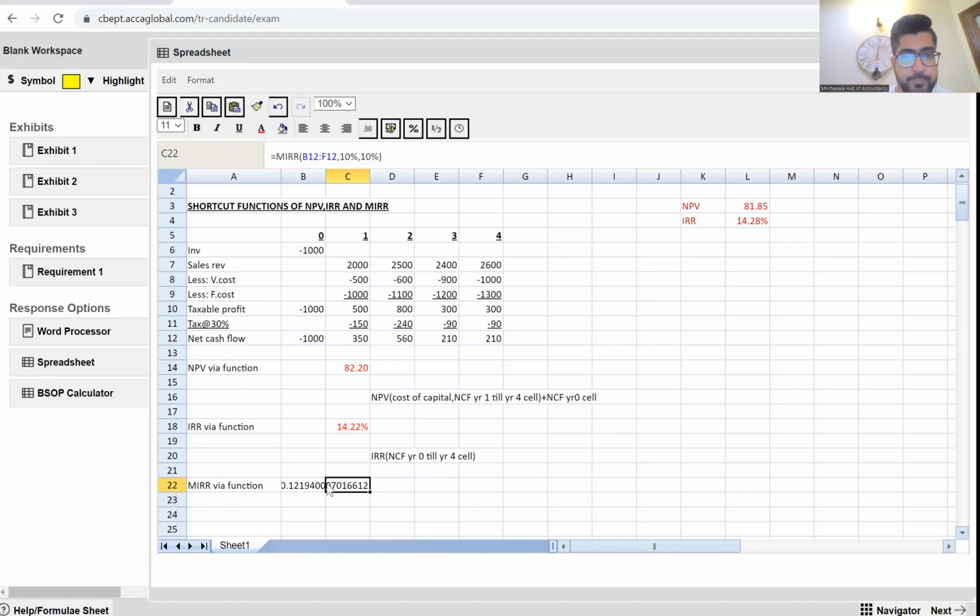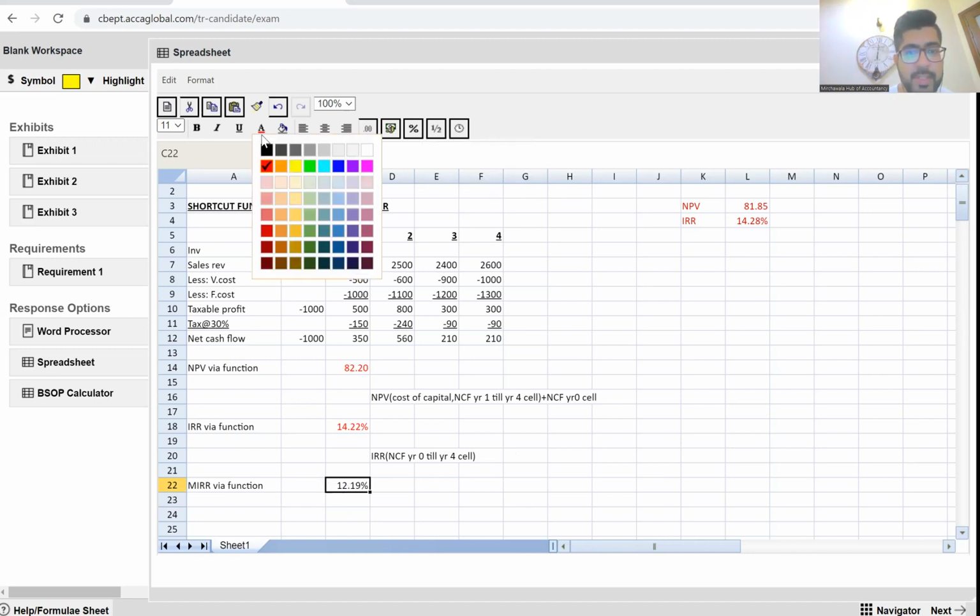MIRR, same like IRR: equals to IRR, B12 to F12, closed, you get IRR. Equals to MIRR, B12 to F12, comma, 2 times your discount rate, 10%, 10%, bracket closed. You get MIRR. Again, if you need percentage till 2 decimal places, put percentage, 2 decimal places, 12.19% is your MIRR.